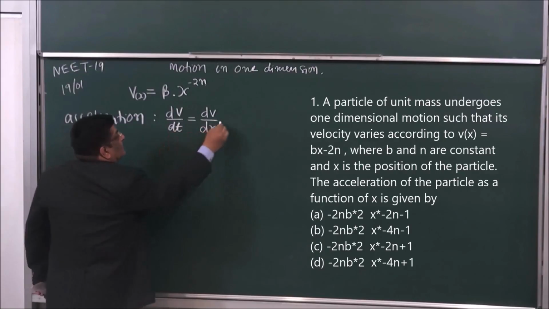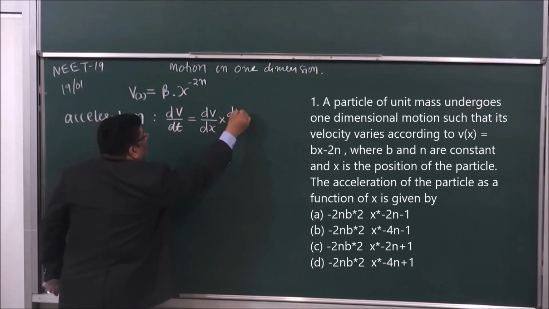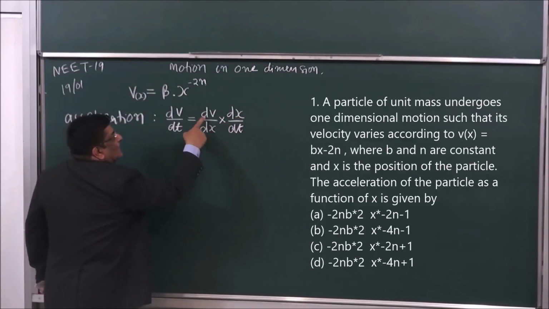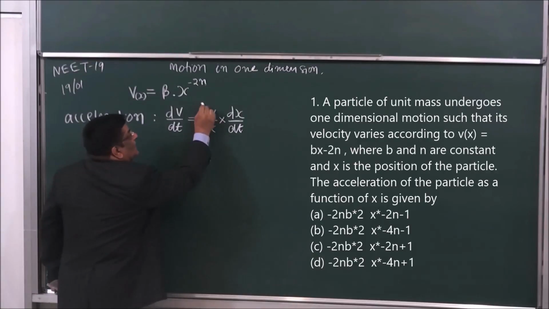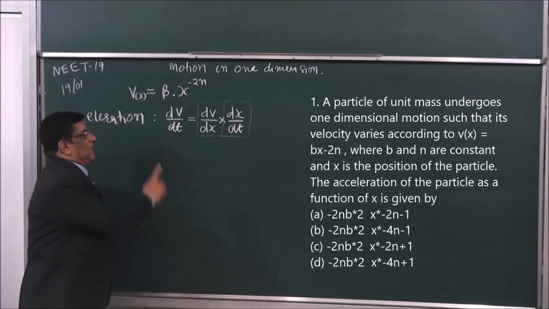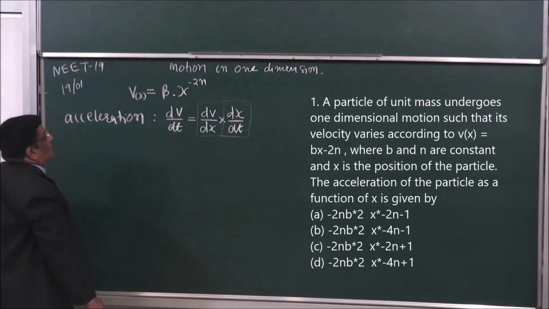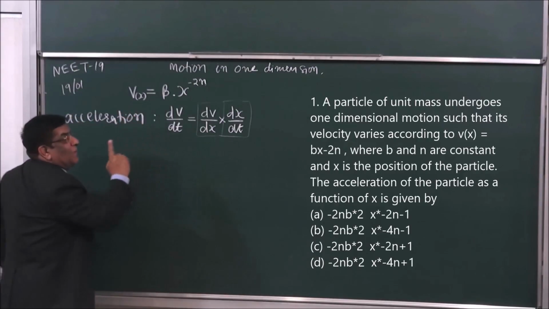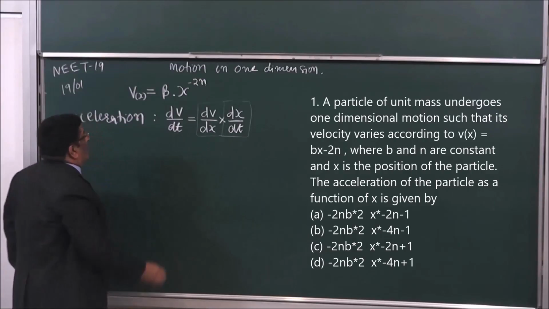Then how do we achieve this? We must multiply this with dx by dt. Now you see, dx cancels, dv by dt. So dv by dt can be calculated in two forms like this. This is permissible. Let's do it.